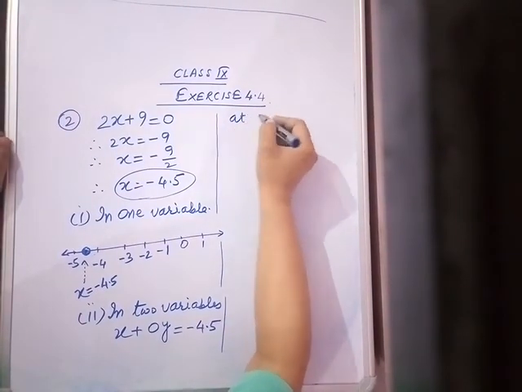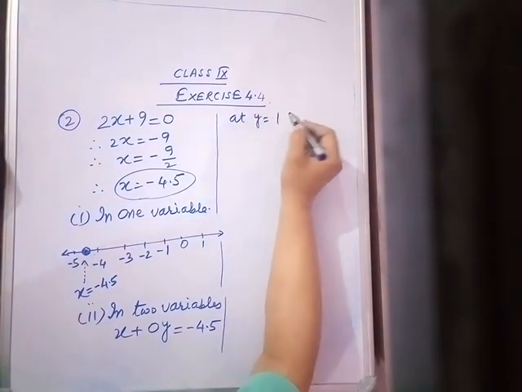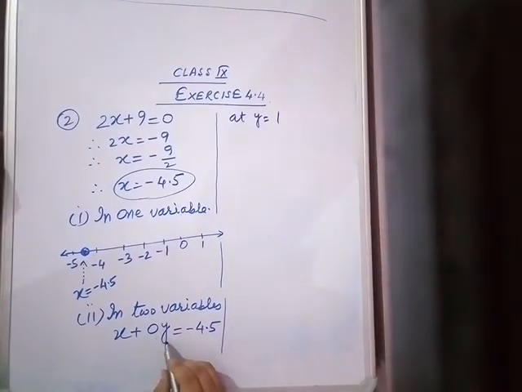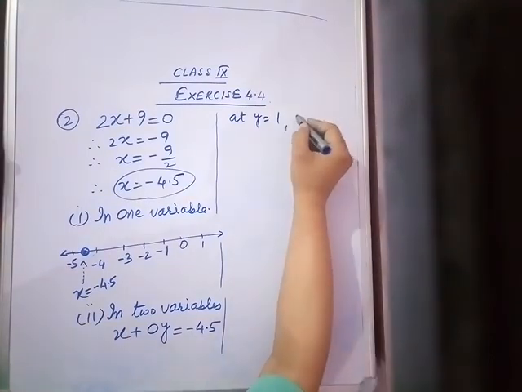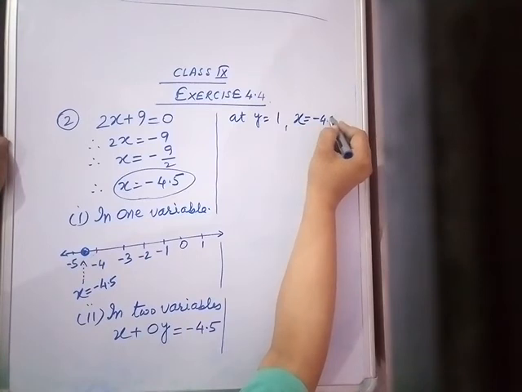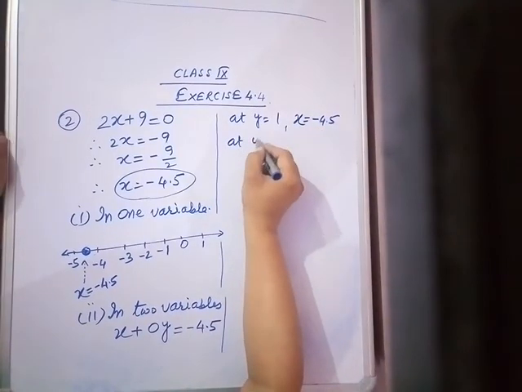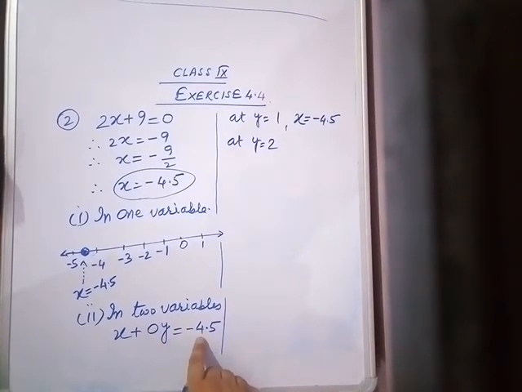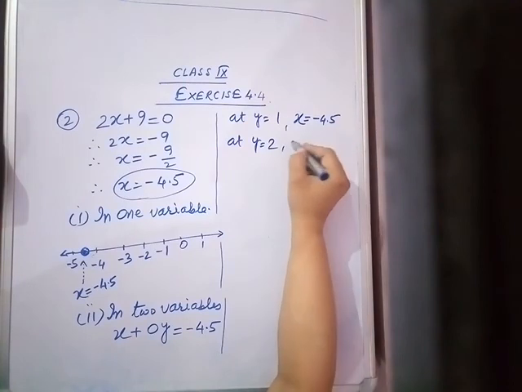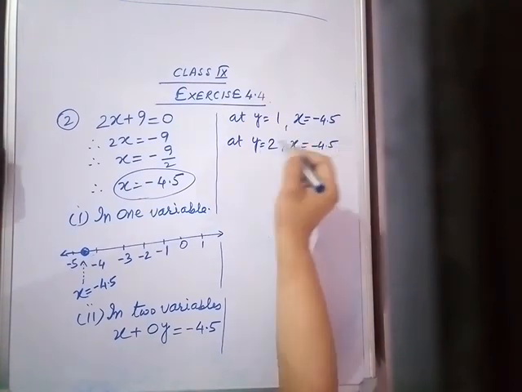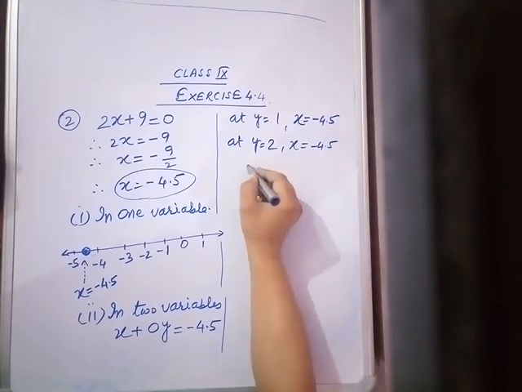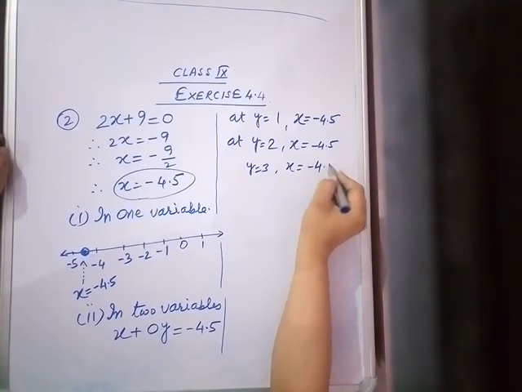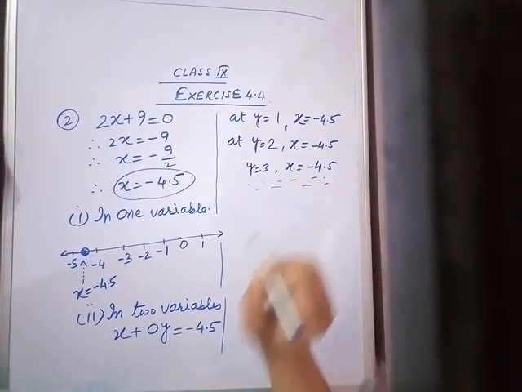So at y equal to 1, x has the same value, 1 into 0, that is 0, so x equal to minus 4.5. At y equal to 2, 2 into 0 is 0, so x plus 0 equal to minus 4.5. Similarly, at y equal to 3, it is the same value minus 4.5, and so on.